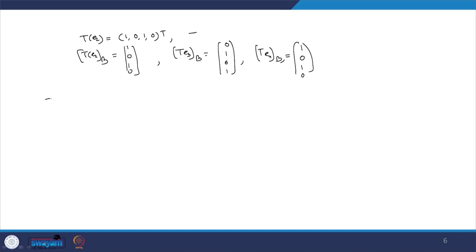So, this implies the matrix representation of T with respect to ordered basis B will be equal to 0 1 0 1, 1 0 1 0, 0 1 0 1, 1 0 1 0. So, this is the matrix, please.